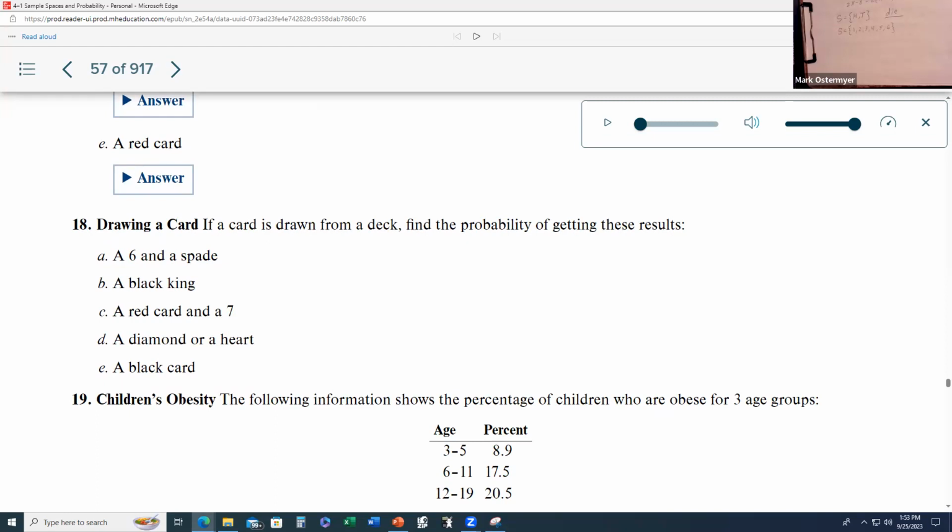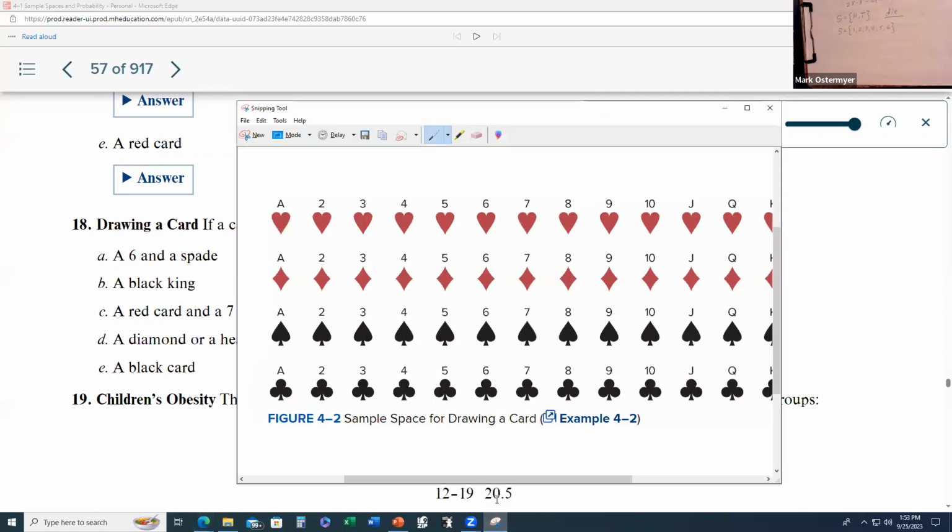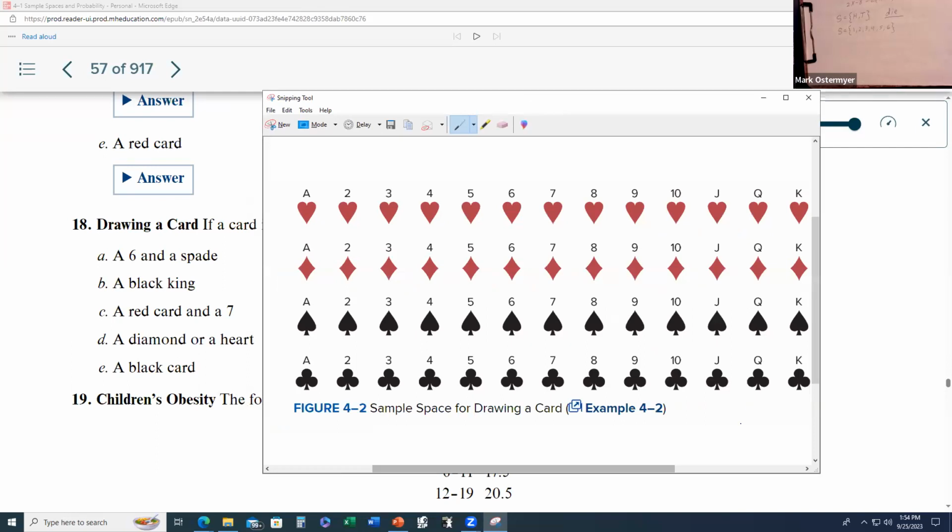Let me bring this back up here. All right, let's see, a red card and a 7. For classwork number 2, I want you to answer 18A through E. So we'll call this classwork number 2.